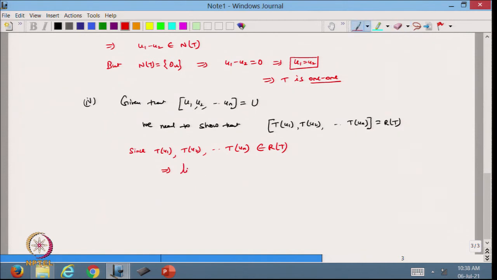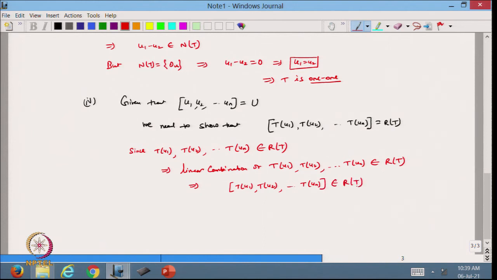Because I just take the linear combination, and by the property of a linear transformation, this belongs to R(T). So, I can say that their span of T of U1, T of U2, ..., T of UN is a subset of R(T). So, we are able to show one way.